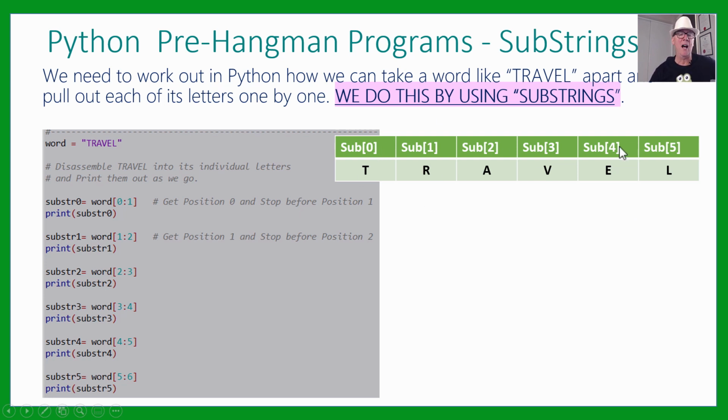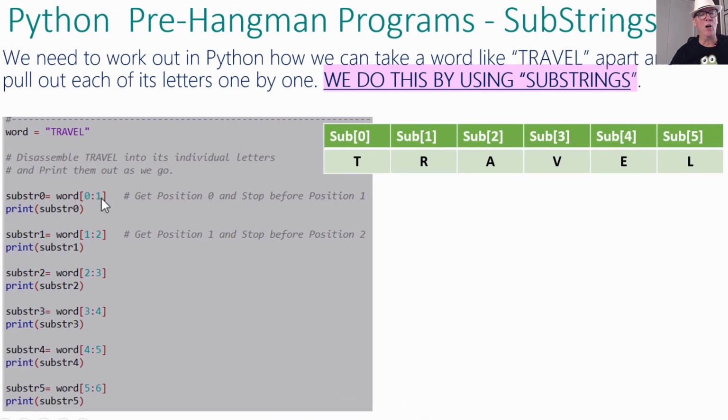Okay, so how we pull this apart is we say substring number 0 is our word, so that's word, that whole big box, and we just want to go to position 0 and not go past position 1. Now this is a bit of a pain the way they are coded in Python, that it's saying go to position 0, so there's substring 0, and the 1 on the end here means stop before you get to position 1.